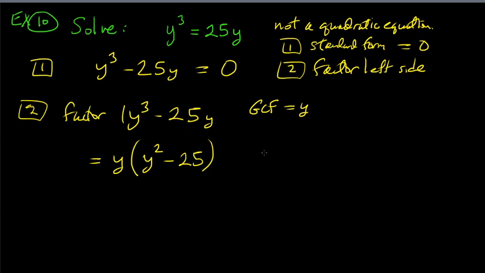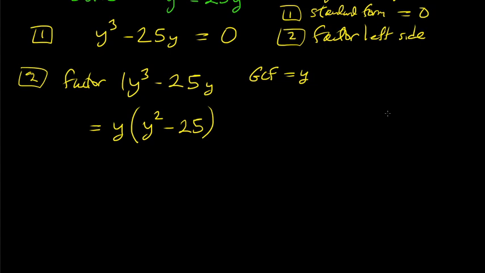Okay, so that's factored. But is it factored completely? No. Remember, 25 is a perfect square. It's 5 times 5, 5 squared. So this is your a squared minus b squared. It's just a plus b times a minus b, or vice versa.